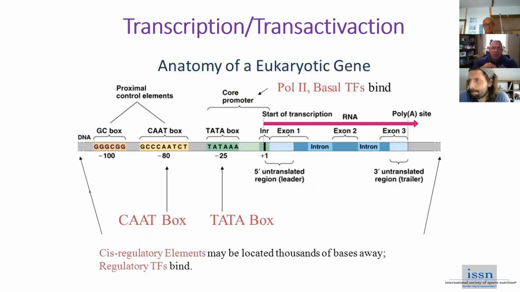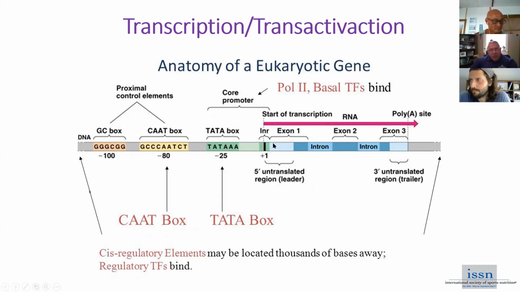So very quickly, when we talk about transcription, transactivation of genes, this is kind of an anatomy of a gene. We have this area downstream of the promoter that contains the coding region that's going to give rise to the amino acid sequences that end up being involved in a particular protein.